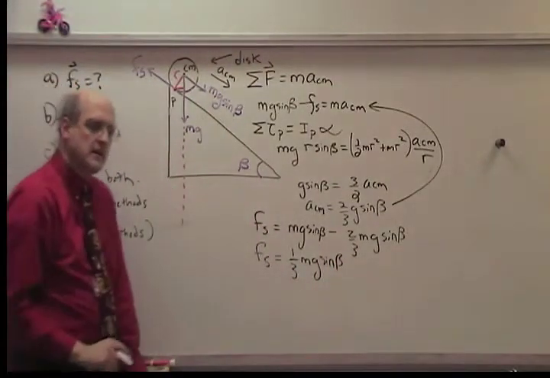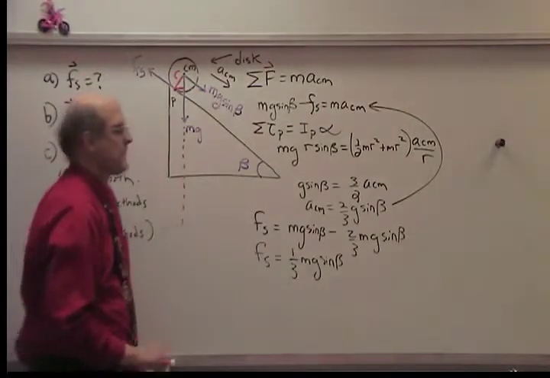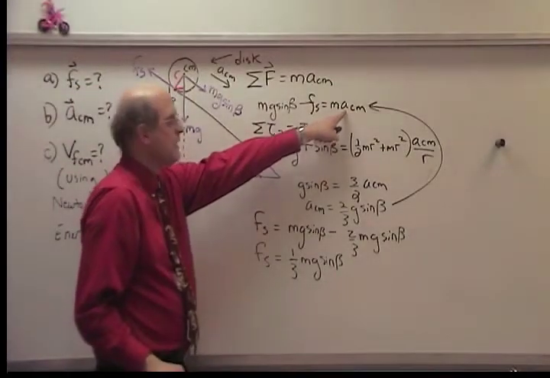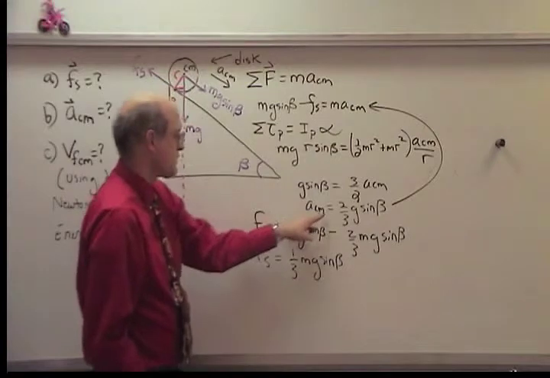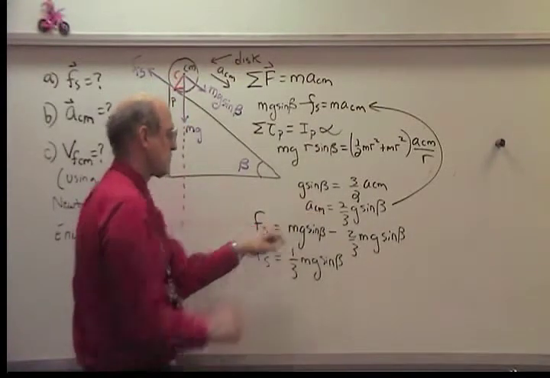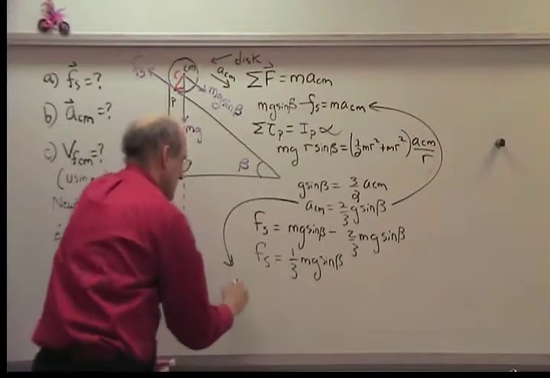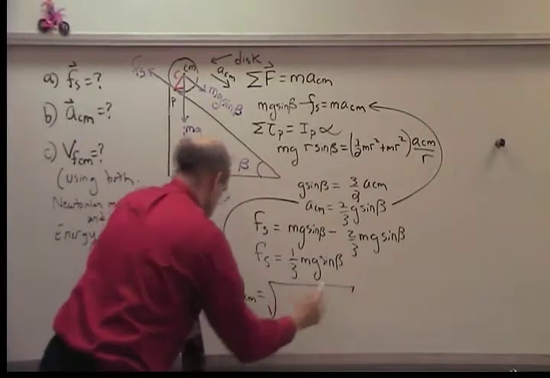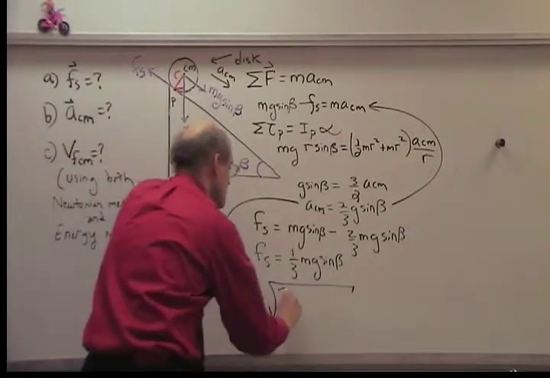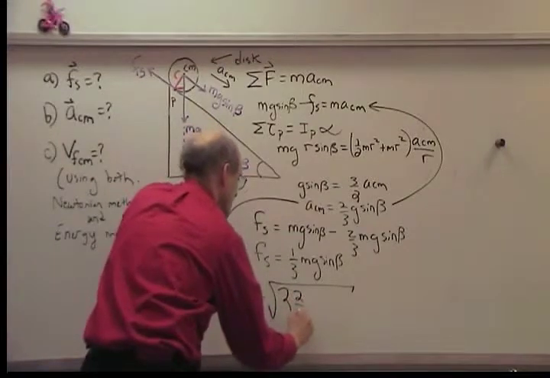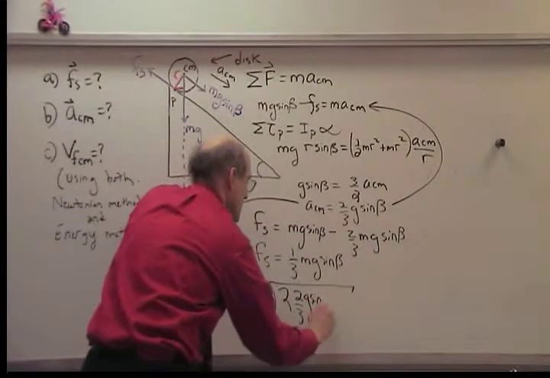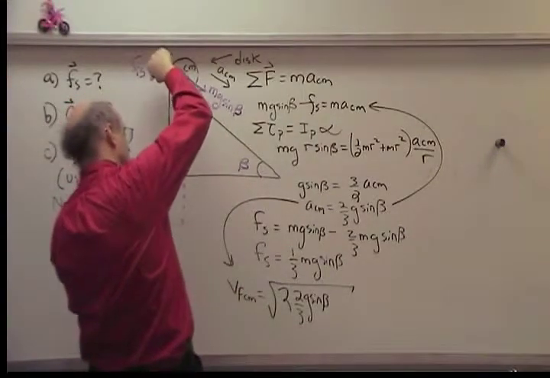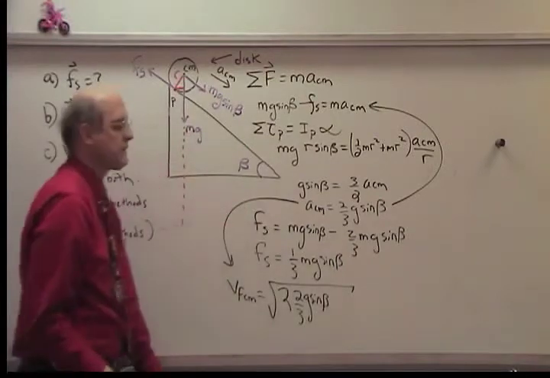Next, let's find the speed of the disk's center of mass at the bottom of the hill. To do that, I'm going to use kinematics with the expression we got for acceleration using Newtonian physics right here. So VFCM should be equal to the square root of 2 times 2/3 g sine beta multiplied by the distance down the hill.